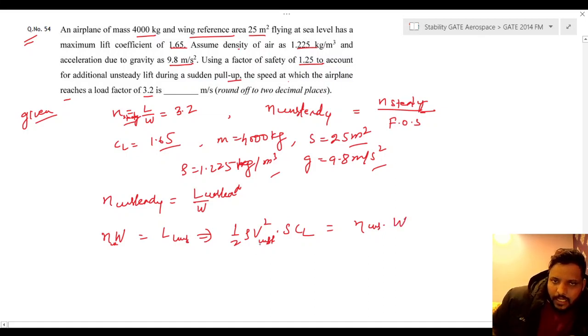So from here I can find out the velocity from this equation.